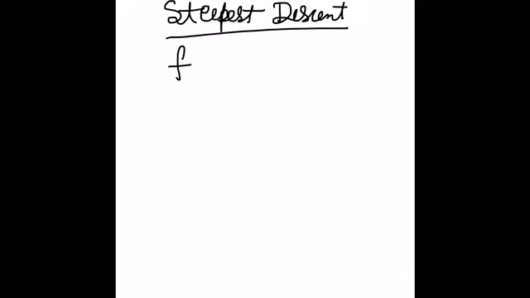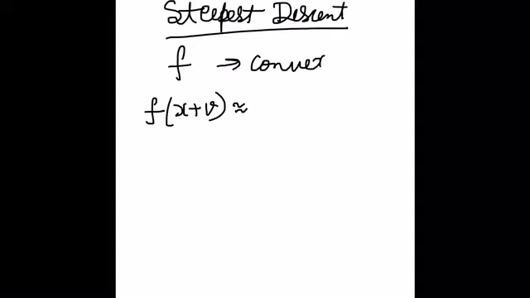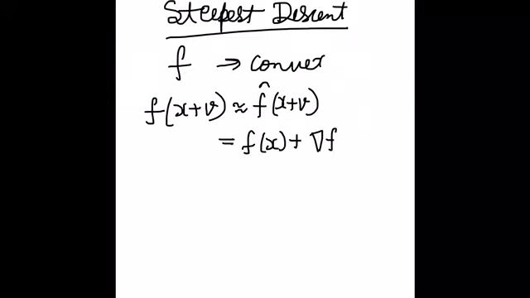So let f be a convex function. So f of x plus v can be approximated using the first order Taylor's approximation as f hat of x plus v is equal to f of x plus gradient of f of x transpose v.